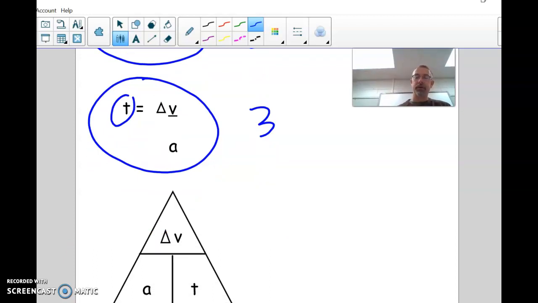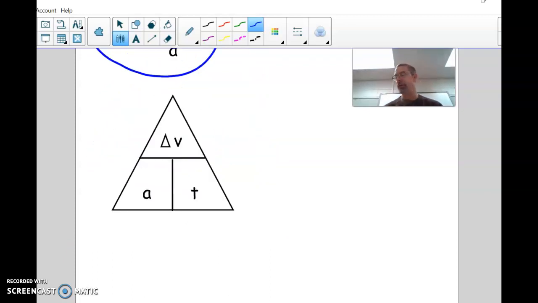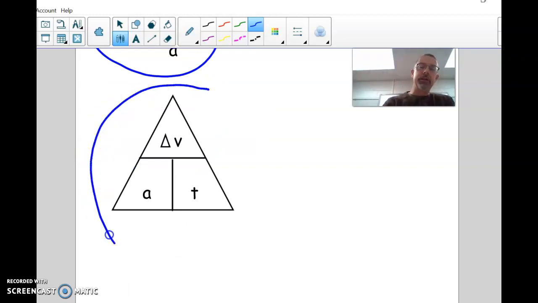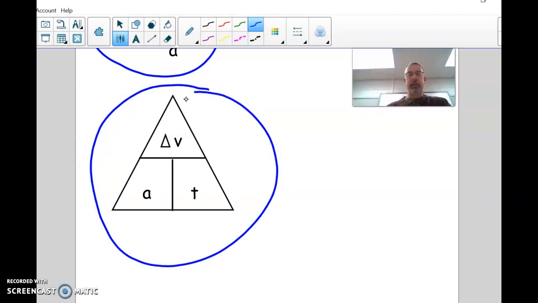So earlier in the velocity notes, we talked about how to calculate velocity. This triangle here might prove halfway successful for you. If you want to find acceleration, it is a change in velocity divided by time.